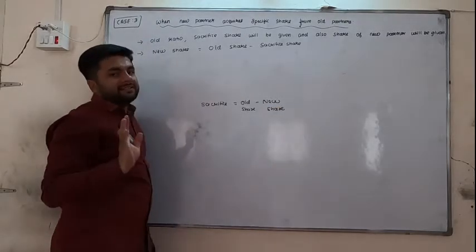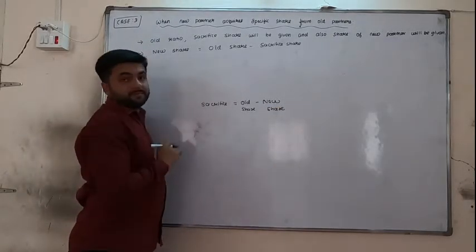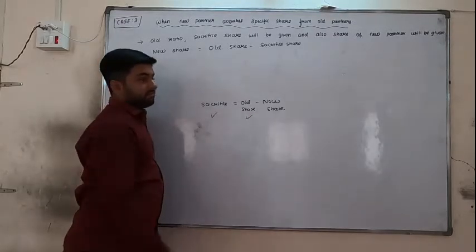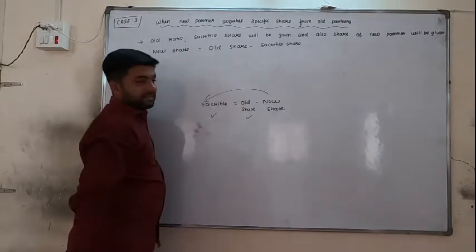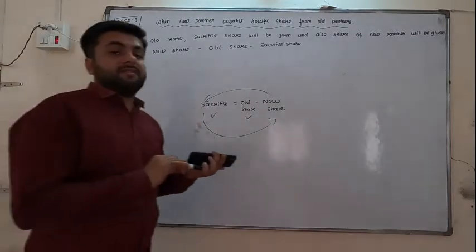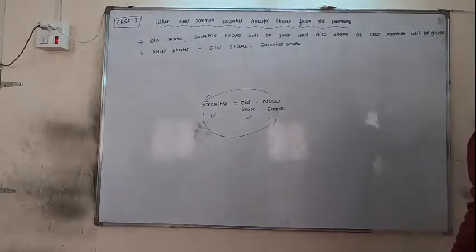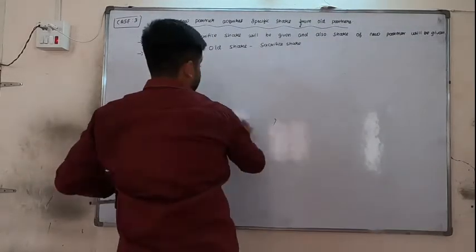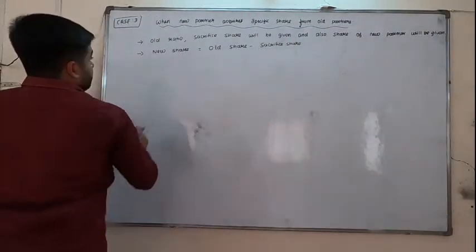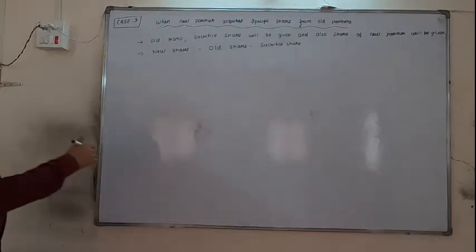Now we have just interchanged the terms, because in this sum sacrifice and old share are given, so directly we can find the new share. So this minus new share will come here, and this thing is going there. Only their terms are exchanged. Okay, so this is the next step. So new share is equal to old share minus sacrifice share.